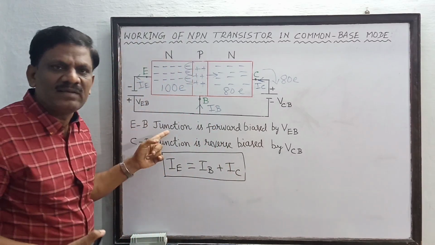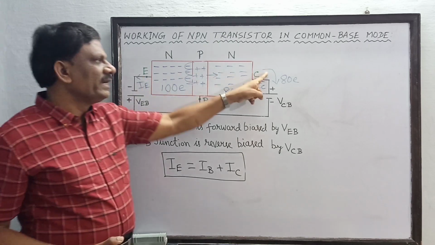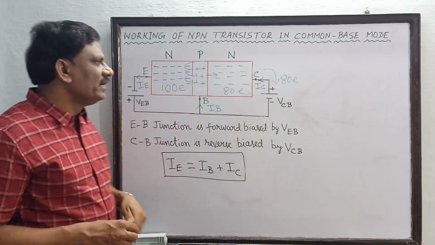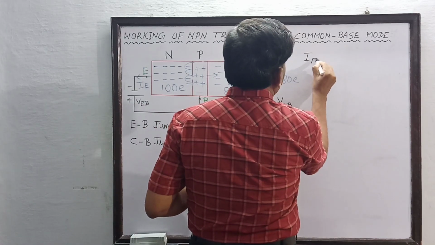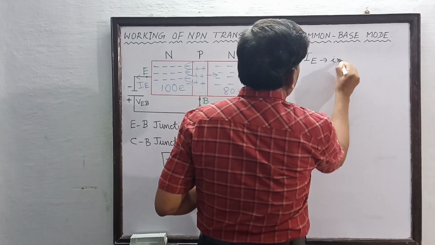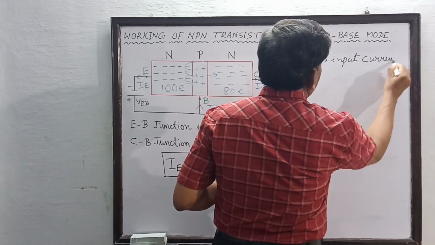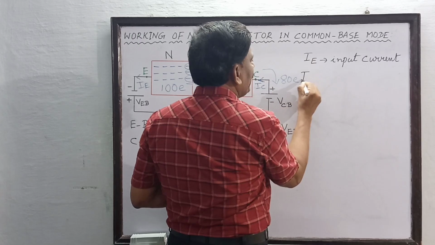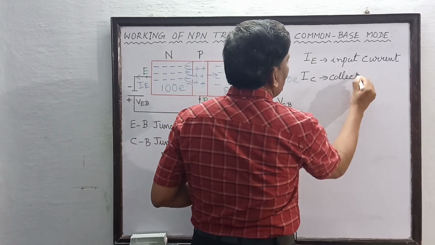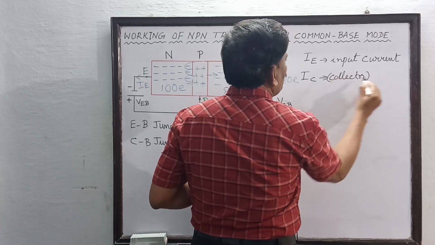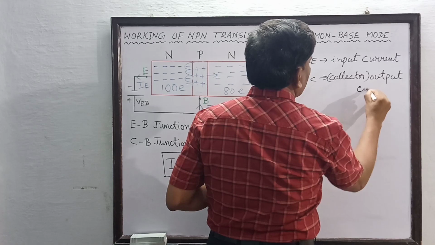In this block diagram, the emitter is the input terminal and the collector is the output terminal, and hence the emitter current is the input current, since the emitter is connected at the input terminal. Similarly, IC is called the collector current, or the output current.